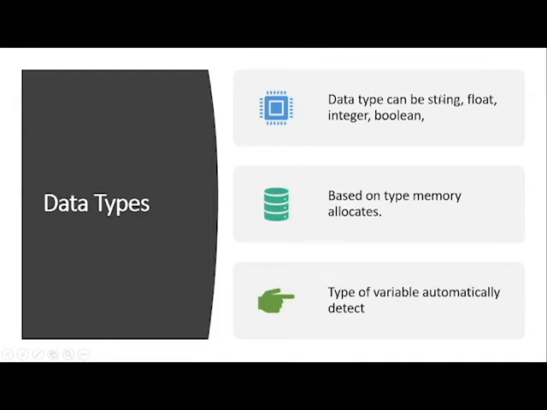A variable can store data of different types, and different types can be used for different things. When we declare or define a variable, we reserve some space in memory, and based on the type, memory is allocated. The type of a variable is automatically detected when we define or declare it.